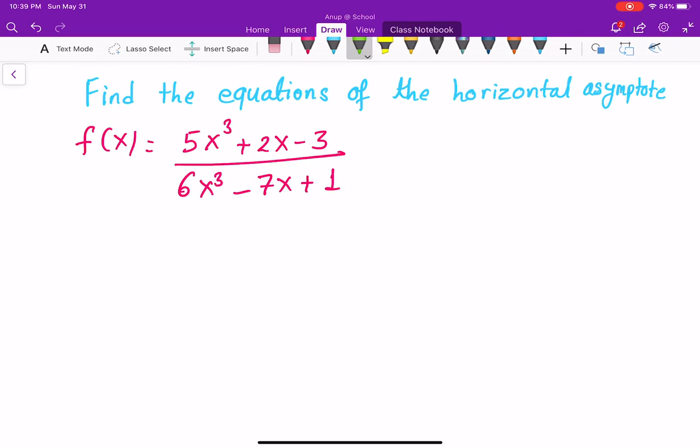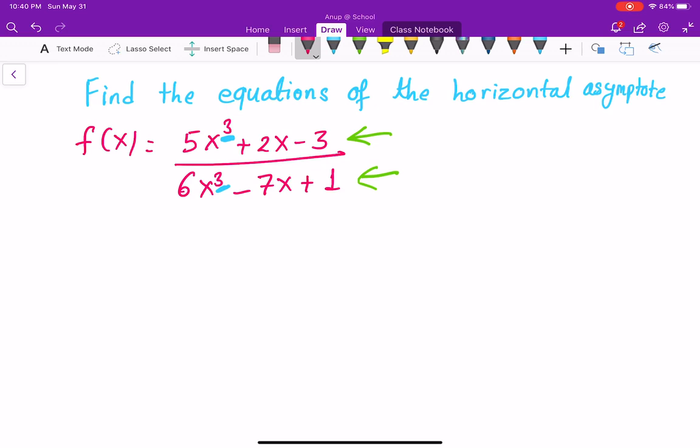As we have discussed earlier, we need to check the degree of the numerator polynomial and the degree of the denominator polynomial. We can clearly see that the degree of the numerator polynomial is 3, the degree of the denominator polynomial is also 3. In that case they are the same, so the degree of the numerator is equal to the degree of the denominator.